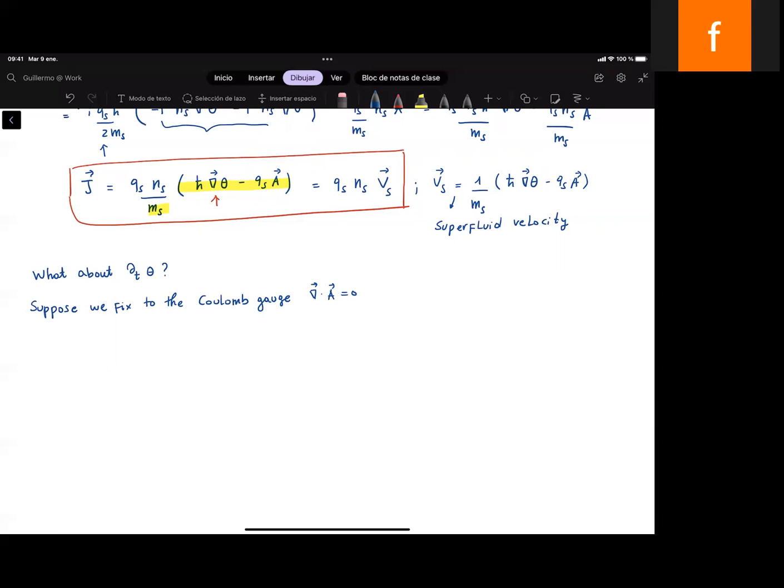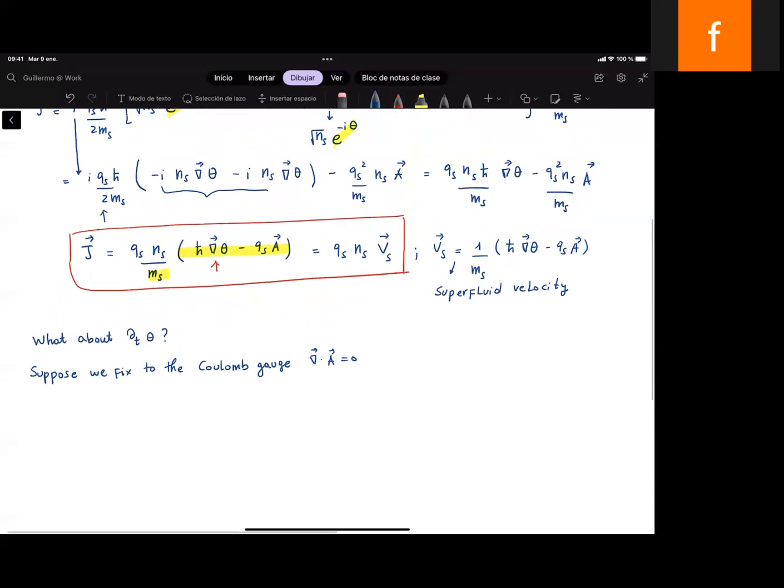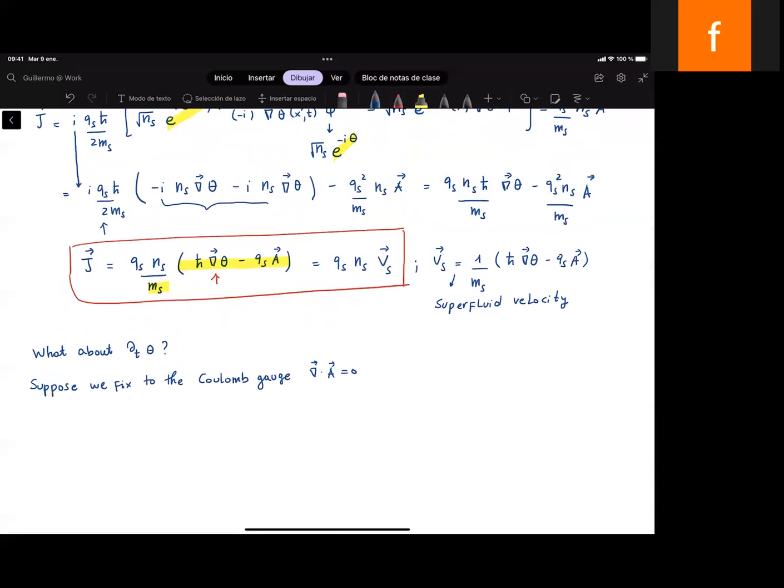And if this is the case, then what happens here is the following.